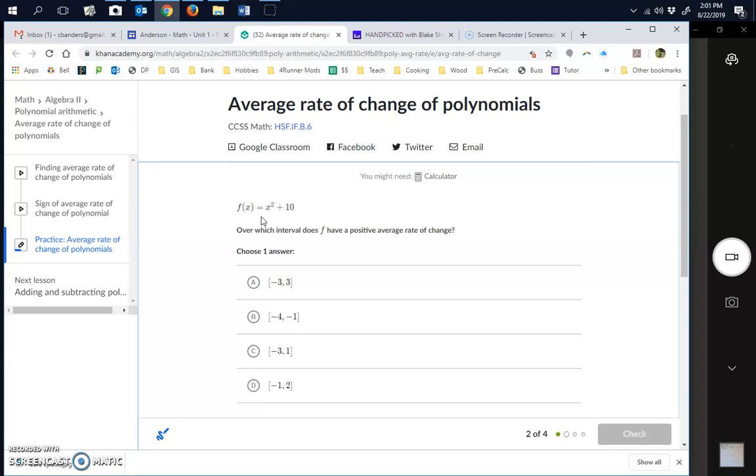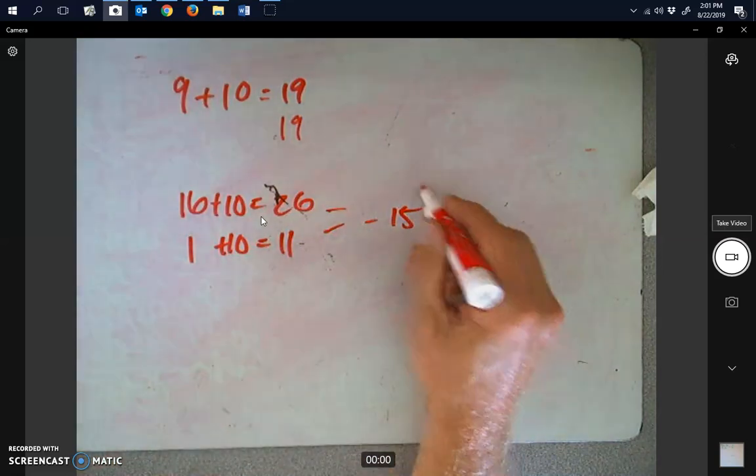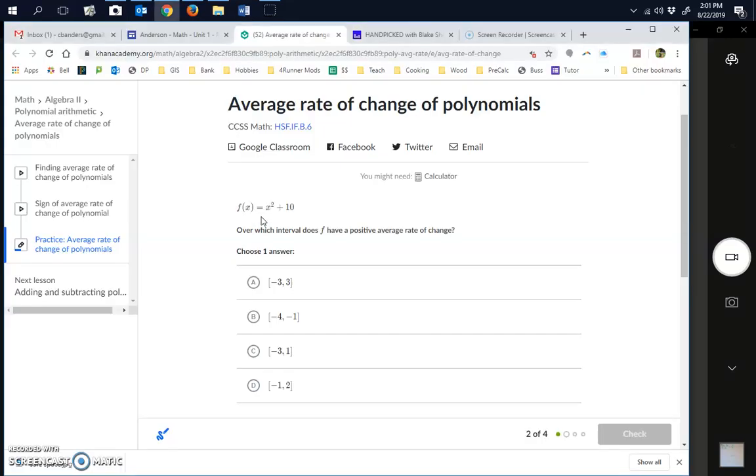Plus 10 equals 26. -1 squared is 1. Plus 10 is 11. So our number is going from 26 to 11, so that's a negative number. 26 to 11 is -15, so that's not B.